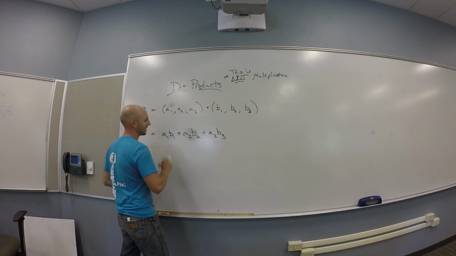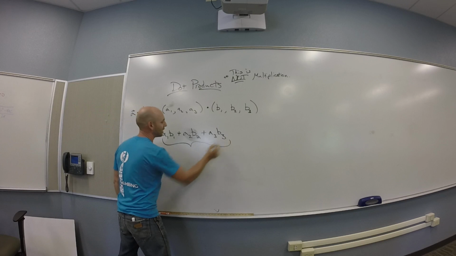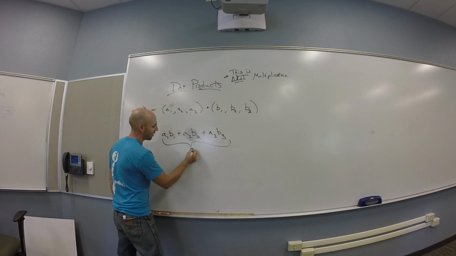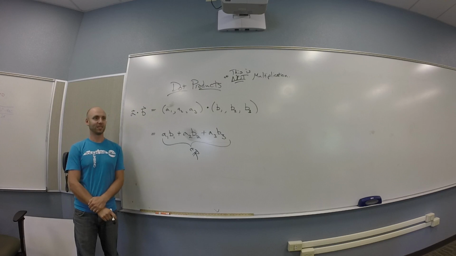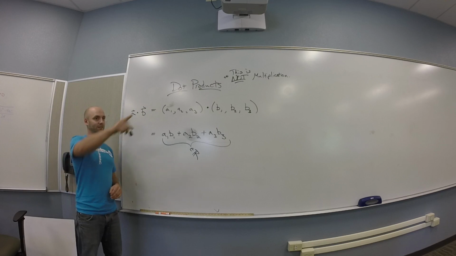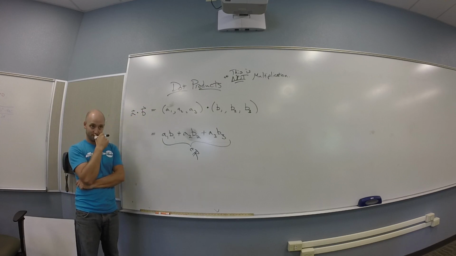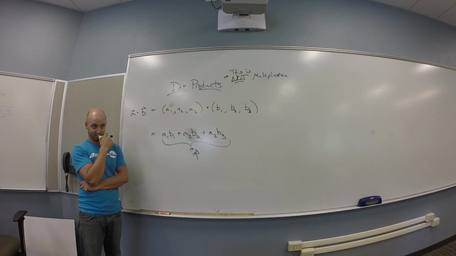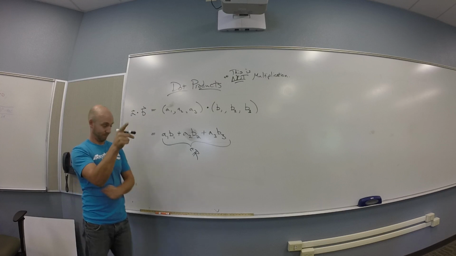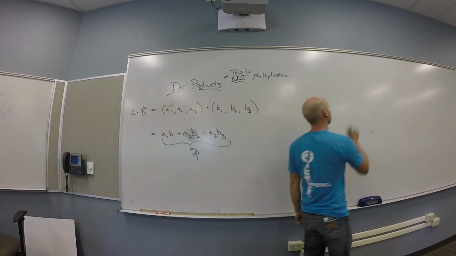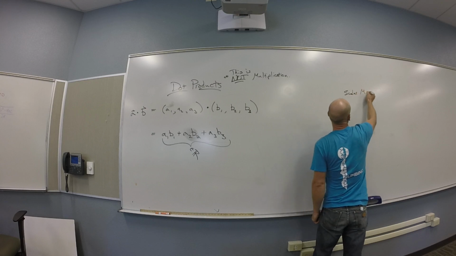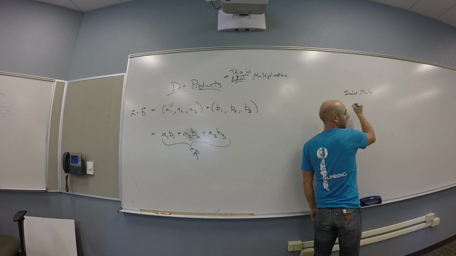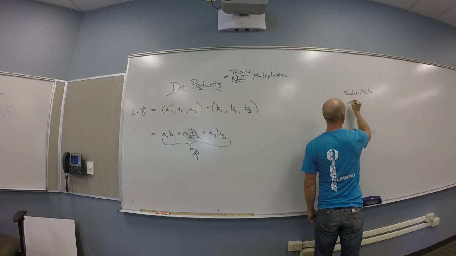Nice. Next thing. This whole object here is a number. You guys all see that? With the scalar multiplication, you're stretching a vector. When you're doing this, what are you doing with two vectors? This is a nice thing to keep track of.